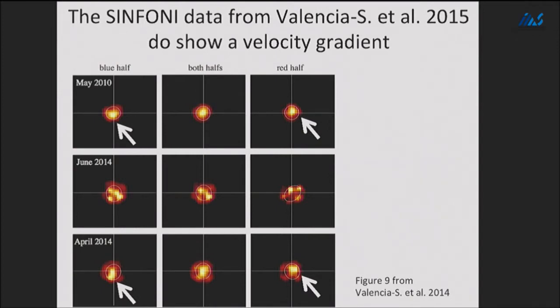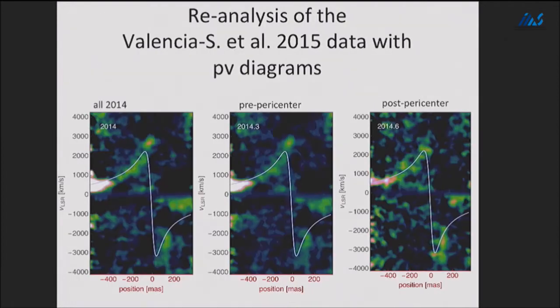Also, that data from 2014 has become public in the meantime, so I went ahead and downloaded their data, and we have reduced the data doing position velocity diagrams. So you can see here essentially the same structure shows up as in our position velocity diagram. So there's the claim that there was a compact object here and a compact object here. I think this is not sustained by this data set, and the difference is simply how well you analyze, how well you massage the data to show that.